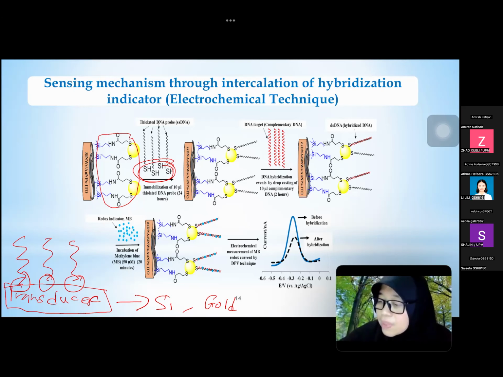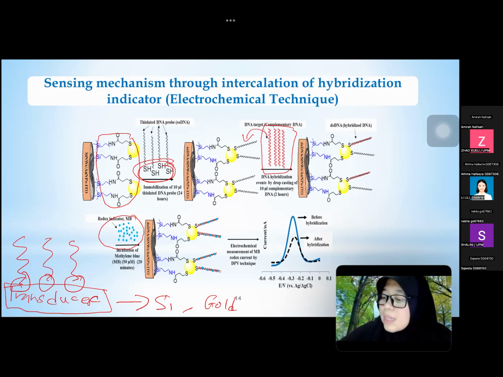The next process is, of course, the red one: imagine the DNA from the sputum. Now it has to interact with the DNA probe specific for the Mycobacterium tuberculosis. And then you have an indicator here. This is an example of an indicator, methylene blue. We will discuss what types of indicator work for DNA.